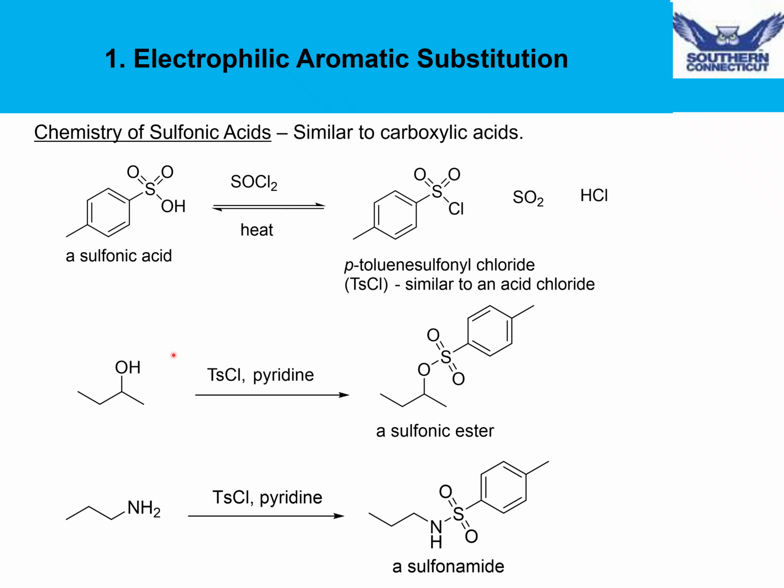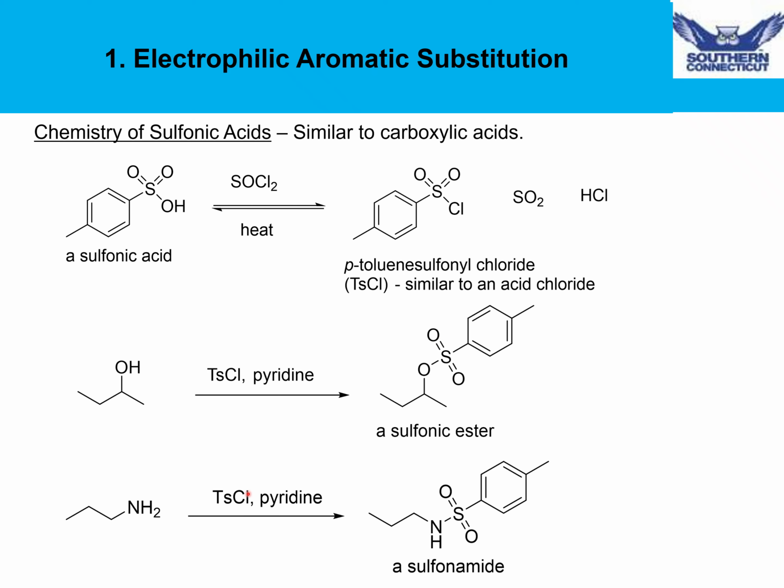For example, if we react it with an alcohol, the alcohol will replace the chlorine. So here's the structure of tosyl chloride. The oxygen will attack the sulfur, eliminate the chlorine to get a sulfonic ester, which of course is very similar to a typical ester.